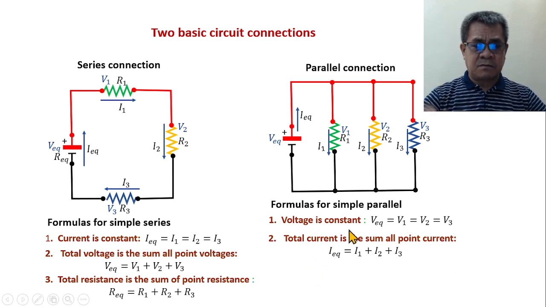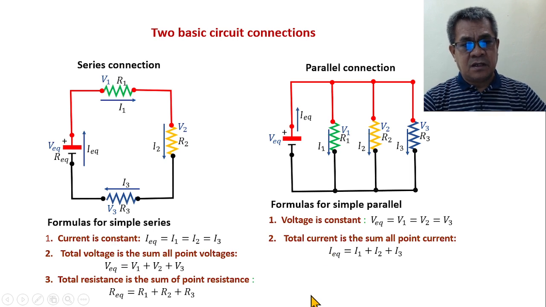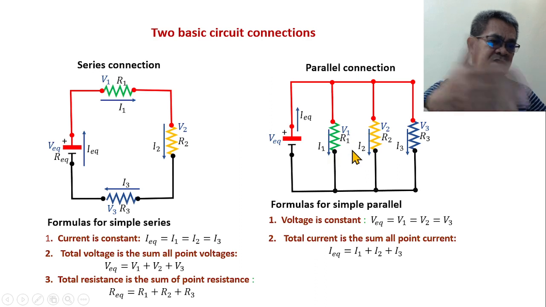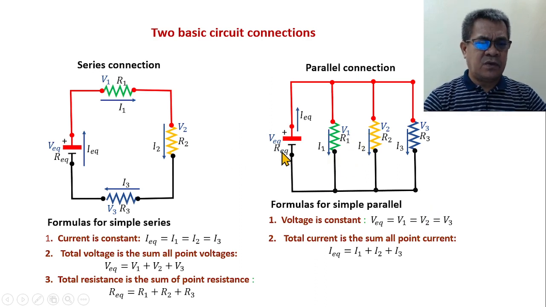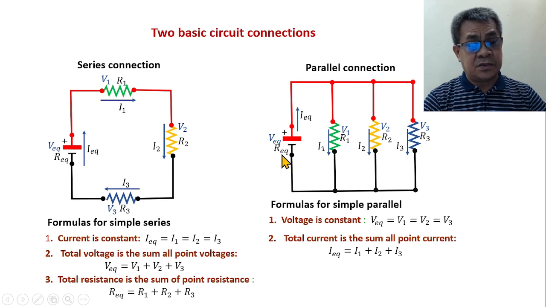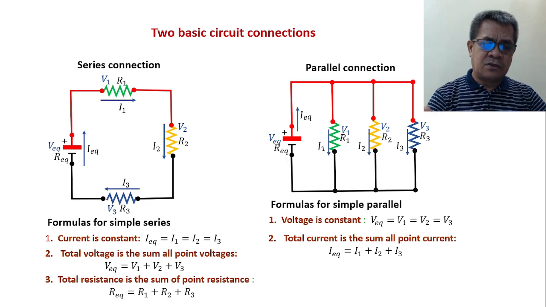Now, what about the equivalent resistance relative to its individual resistances R1, R2, and R3? Now remember, again, we have this R equivalent at the point in the source. If we have V equivalent, I equivalent, there must be R equivalent, because according to Ohm's law, the 3 factors must be present at any point.